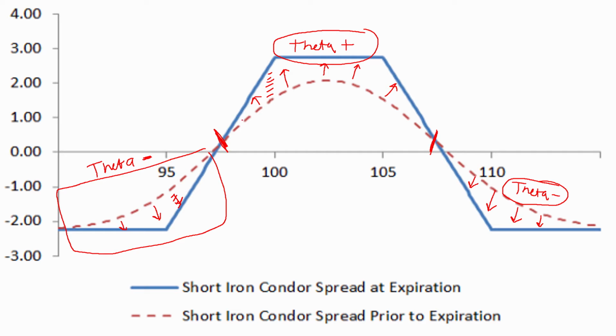See where it crosses the blue? Those are the theta switch areas where now you're actually losing if you stay in this day after day after day. Your theta might have started positive when you first put this trade on. It is now theta negative if the stock stays where it's at, which is in the wrong location. Remember I said it's all about location, location, location, right? If it's in the wrong location, we're actually progressing towards a loss in this case.